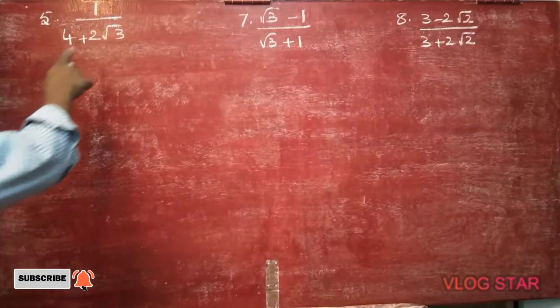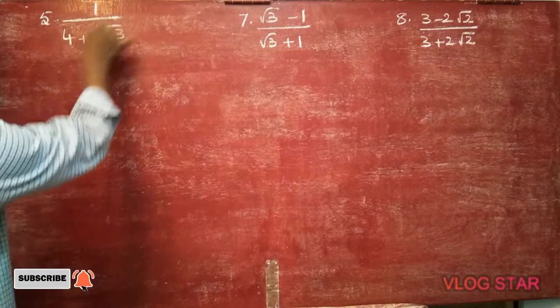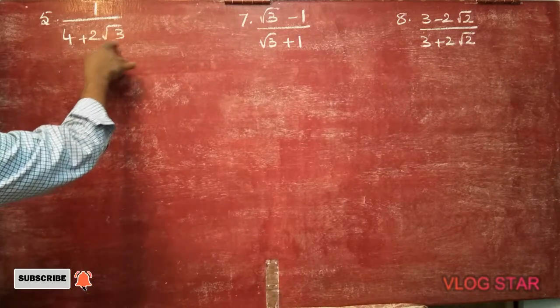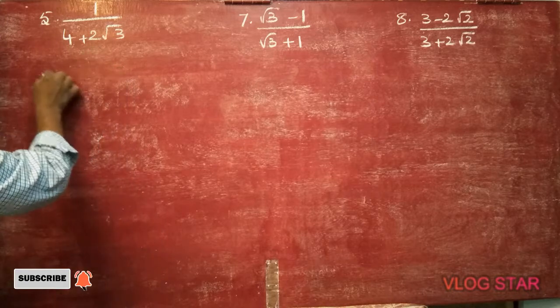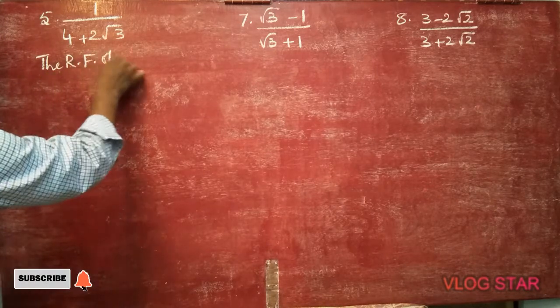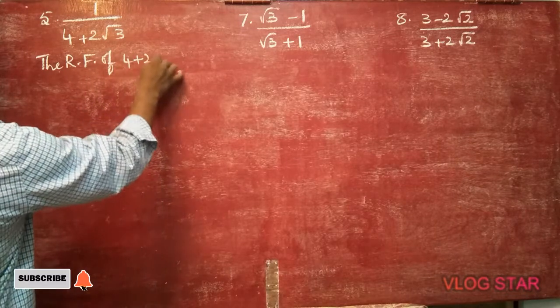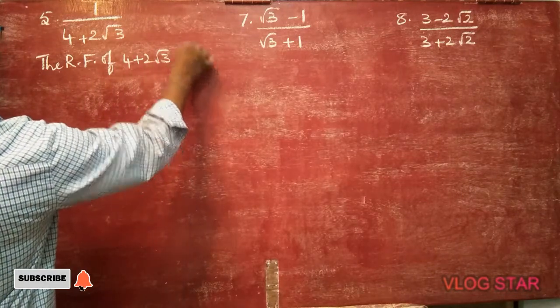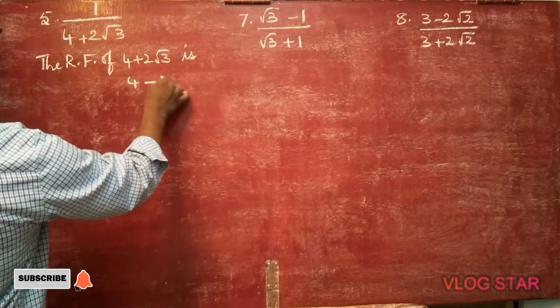Now fifth problem. 1 divided by 4 plus 2 root 3. They are asking to rationalize the denominator. So the rationalizing factor of 4 plus 2 root 3 is 4 minus 2 root 3.